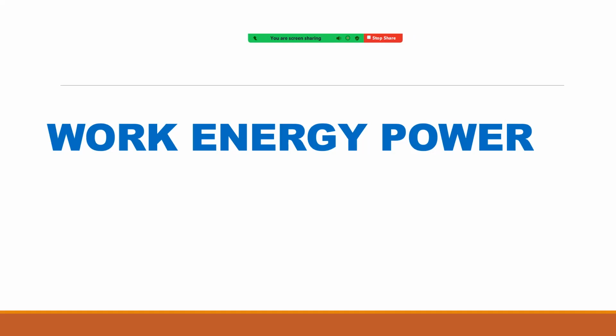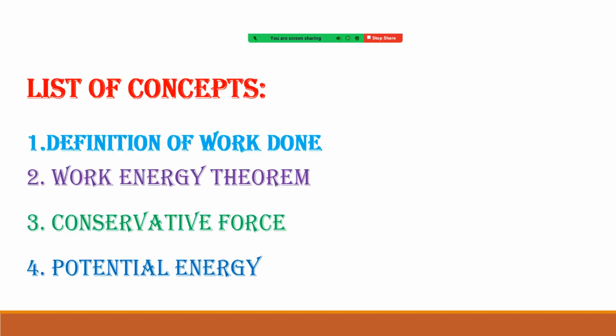In this lecture, we are going to learn work, energy, power. First, let us see the list of concepts in this chapter. First we discuss the definition of work done.